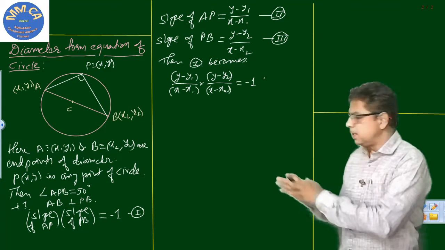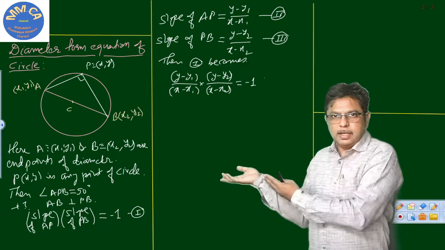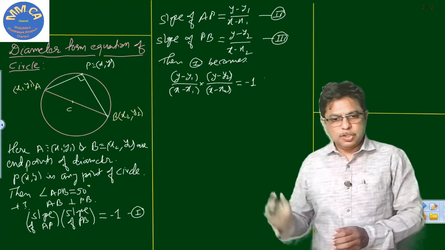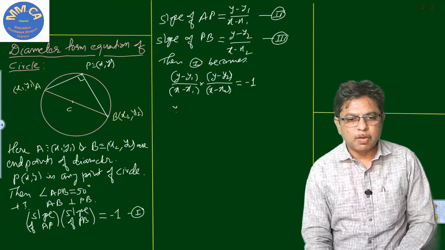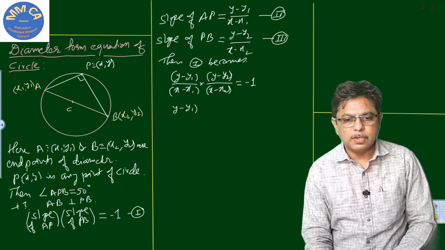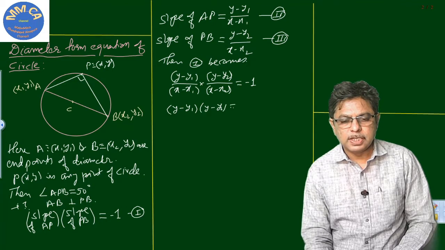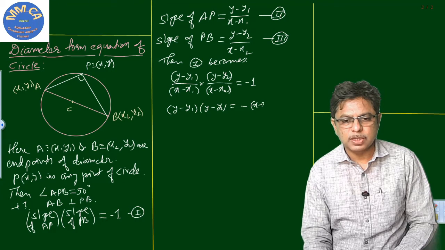I purposefully put the brackets in the numerator and denominator separately. Transfer the denominator terms to the other side by multiplication: (y minus y1) into (y minus y2) is equal to minus (x minus x1) into (x minus x2).